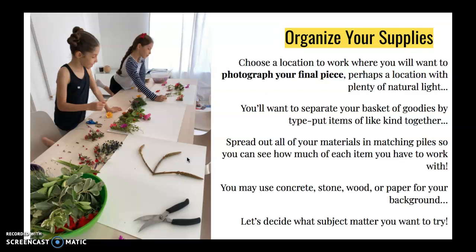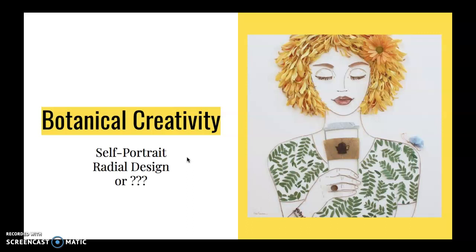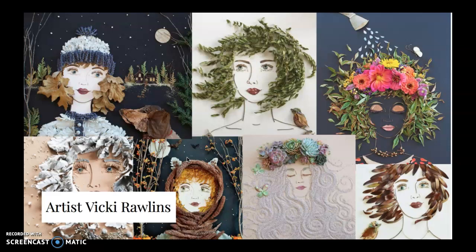So let's take a peek at some options you have and what subject matter we're going to be creating with all of this incredible material. So I got this idea from an artist by the name of Vicki Rollins, and I saw some of her work that I thought was so beautiful and how she used all these different materials to do these portraits. And so I wanted to give you the option of either doing today a self-portrait.